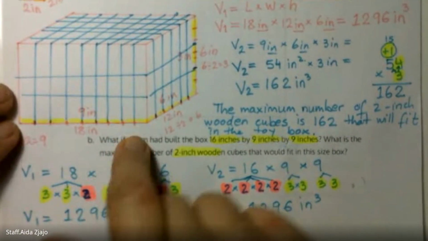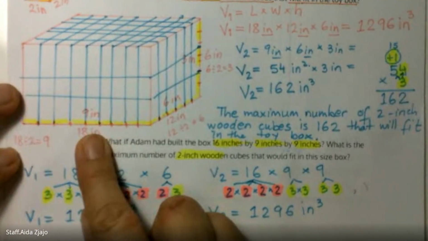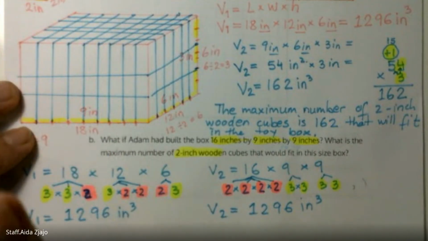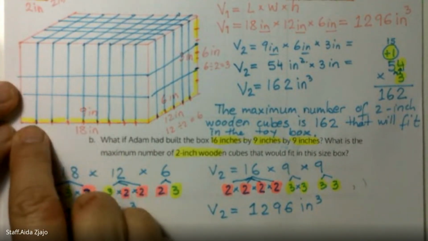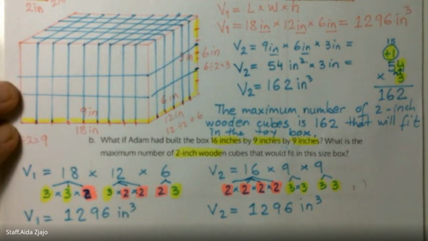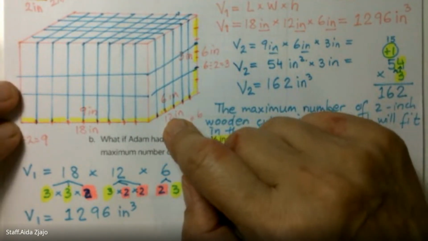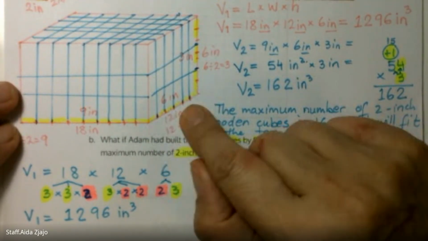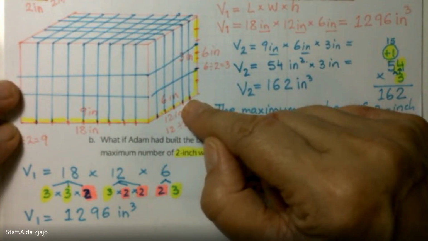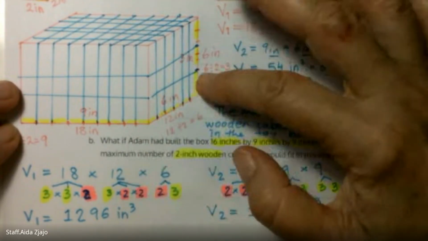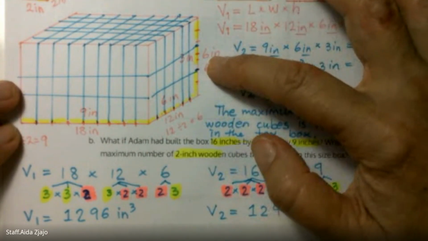Here we had perfect dimensions because 18 was divisible by 2, and we were able to fit 2 inches into 18. Here 12 was also divisible by 2 inches, so we were able to fit 6 cubes on this side. And the layers: 6 was divisible by 2.